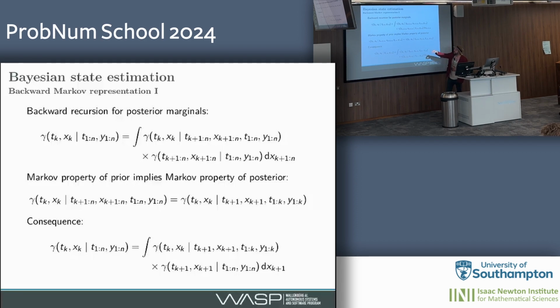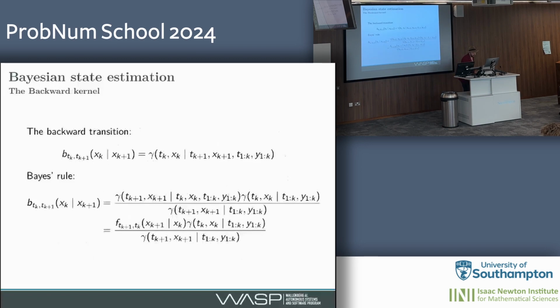So if I look at the conditional density of x_k given all the future states and all the measurements, that's just equal to the conditional density of x_k given x_{k+1} and all the measurements. A consequence of this is that we can construct these marginals by taking our smoothing estimate one step ahead in the future and integrating it against this backwards transition density to get our next marginal.